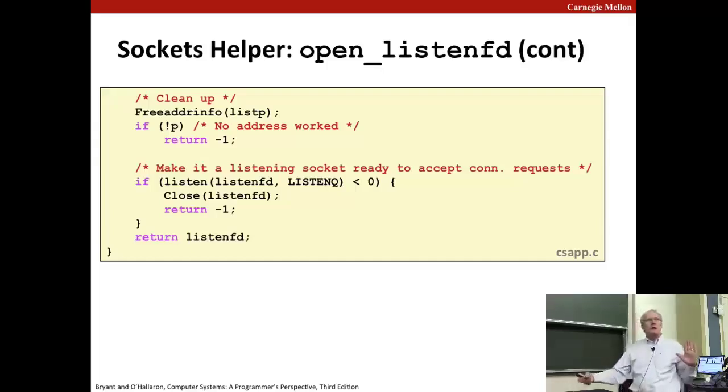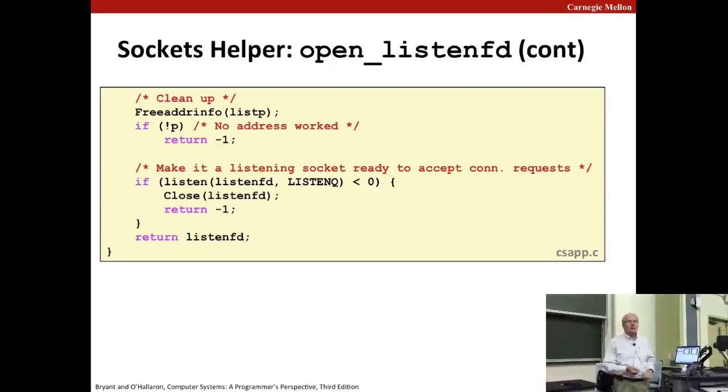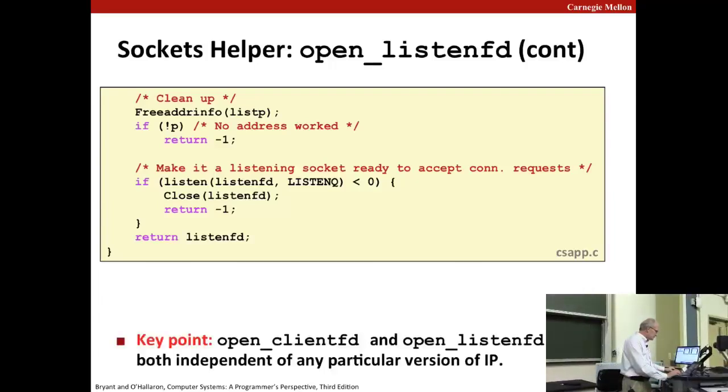But if it's too big, then you're vulnerable to certain types of denial of service attacks. So again, a little bit of an obscure feature. But the result of this is that I'm returning a file descriptor that the server can use to pick up connection requests.